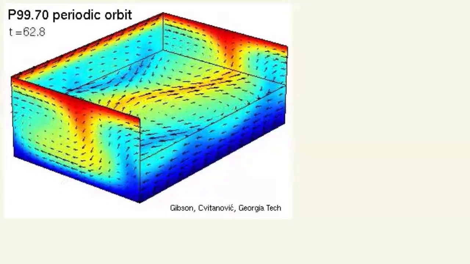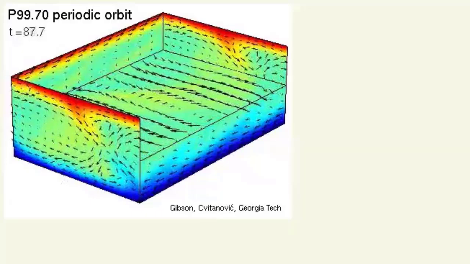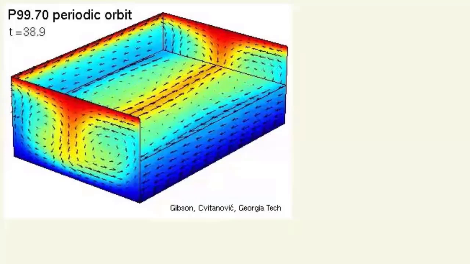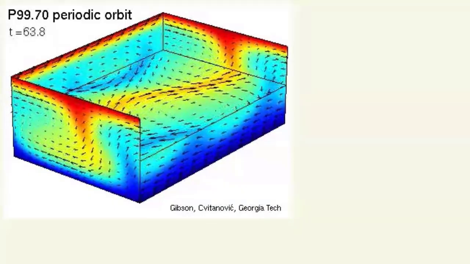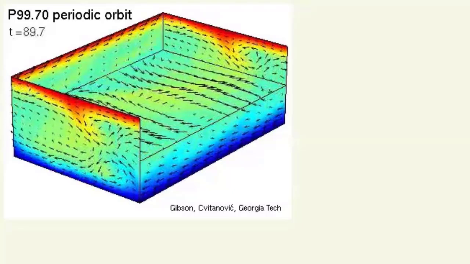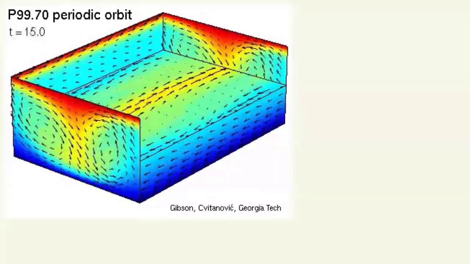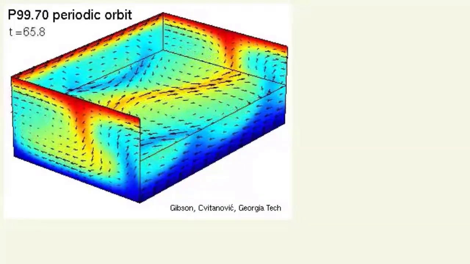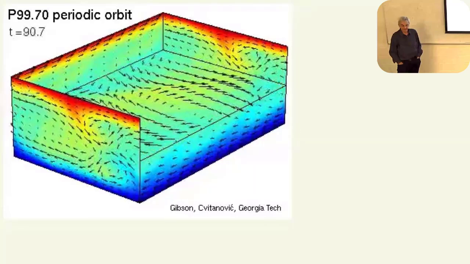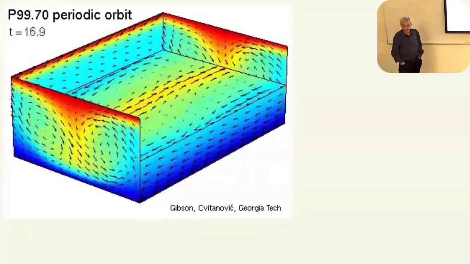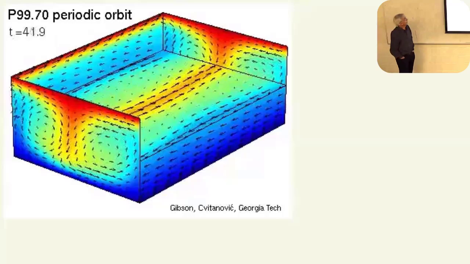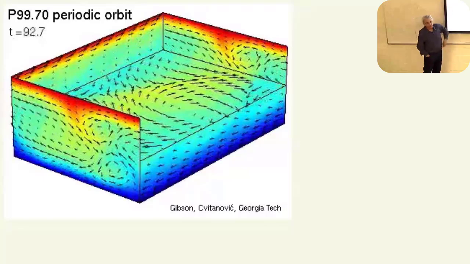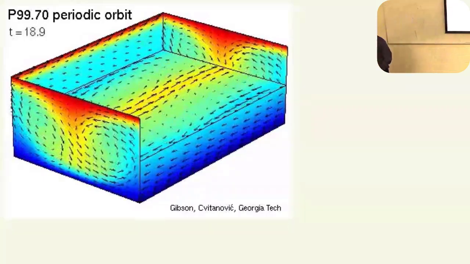It looks indistinguishable from what I showed you before. The thing does that and falls apart and does it again. But in 99.70 computational seconds, it's a loop and it starts again. It's periodic in time, and by boundary condition turns out also to be periodic in space.